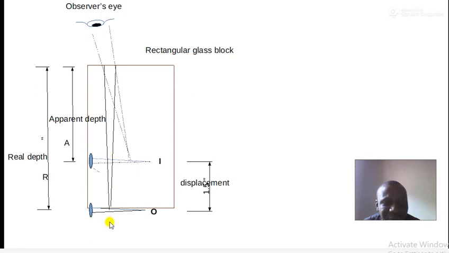Another ray of light from the same point, on reaching the same boundary, also bends. The two rays projected backward will intersect and form an image at I, and so the object image is formed at I.